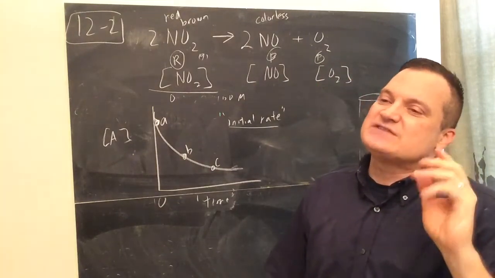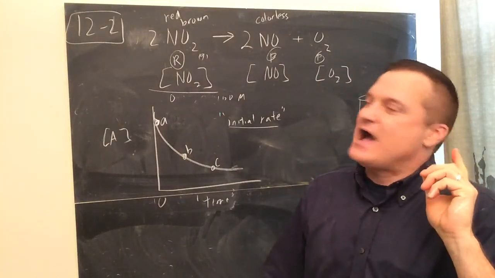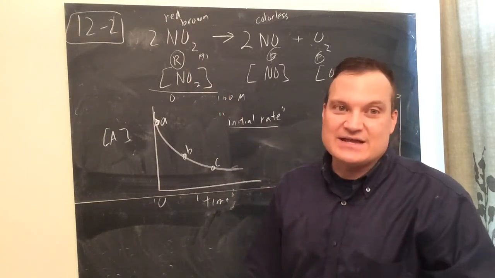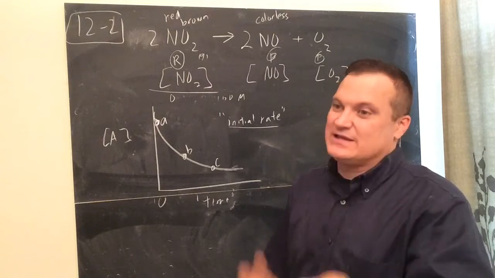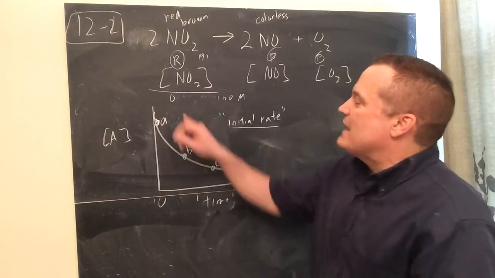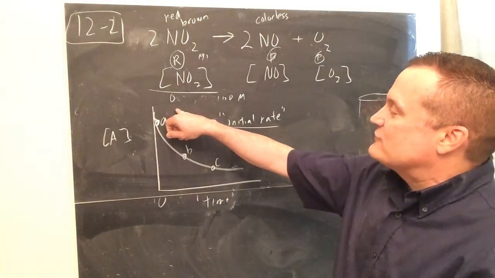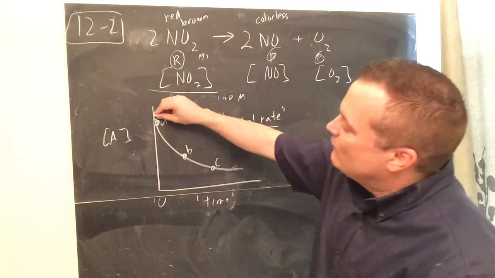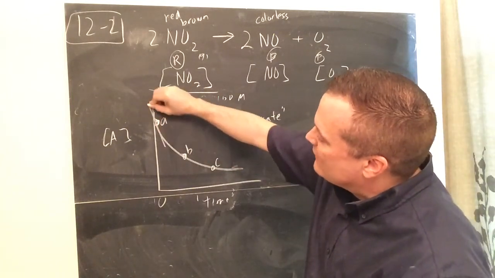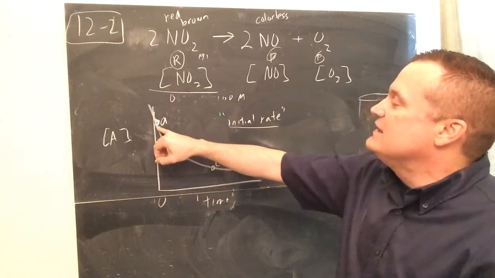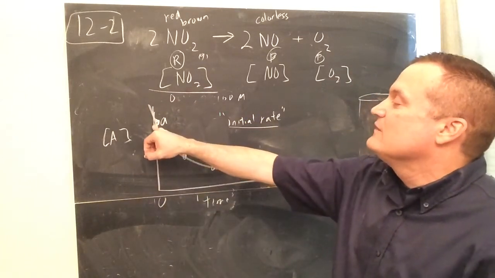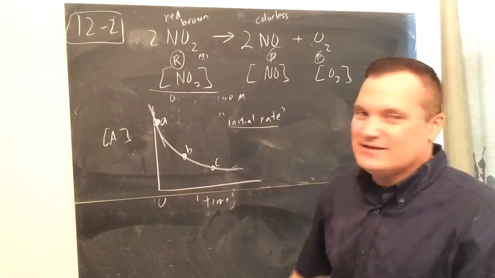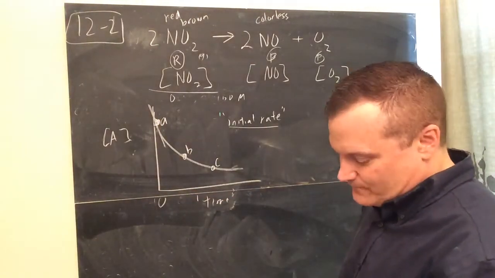But as soon as you decide to measure, okay, I'm going to measure how much NO2 reacted after 10 seconds, boom. You wait till 10 seconds. When I get the new molarity after 10 seconds, the initial rate would be the slope at that point, from where I started to there. So initial rate would be the slope of the line tangent to the curve at that point. That's your initial rate. Not really that big of a deal.